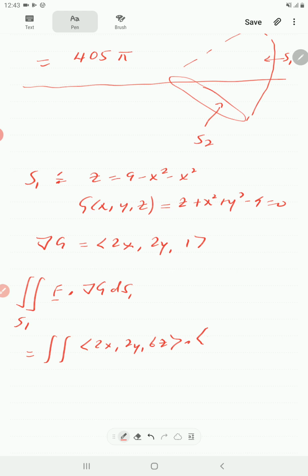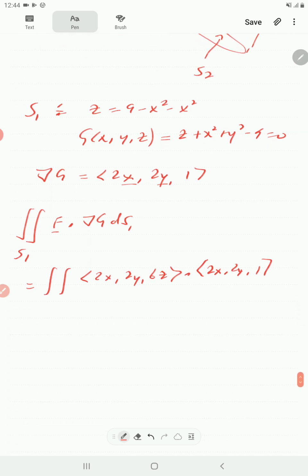Grad g is 2x, 2y, 1. Since the parameters are x and y here, if we express this in terms of x and y, then we can do the limits just in terms of x and y.